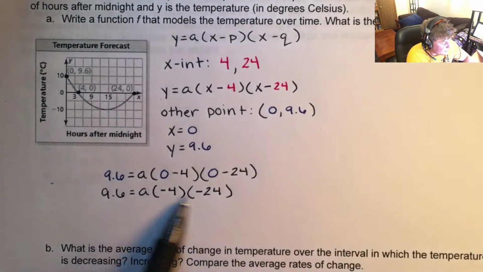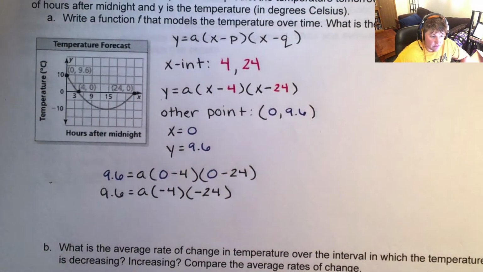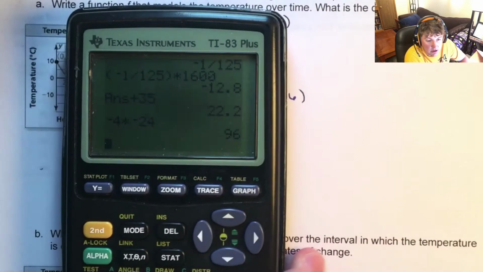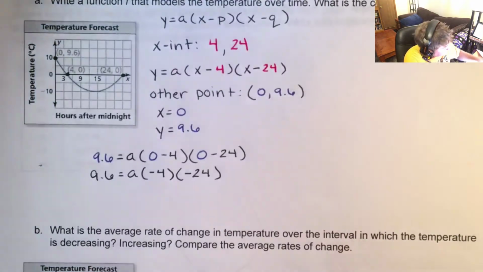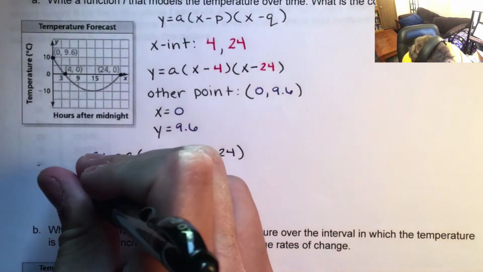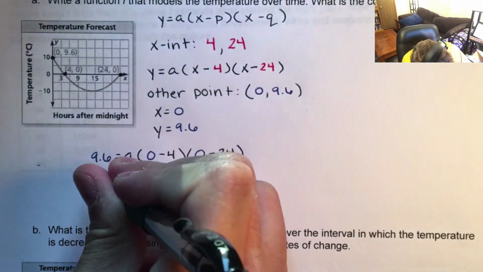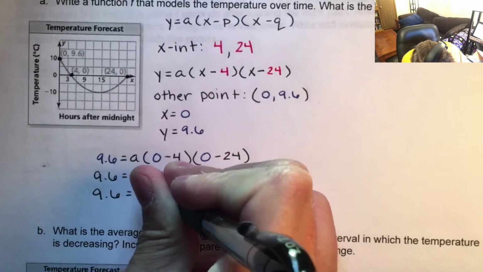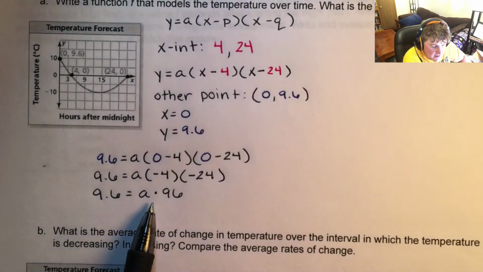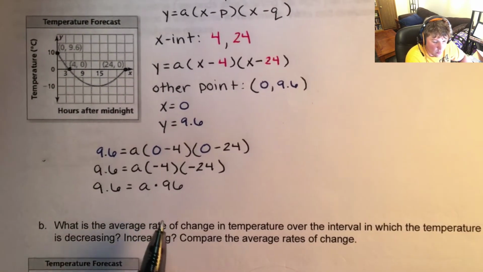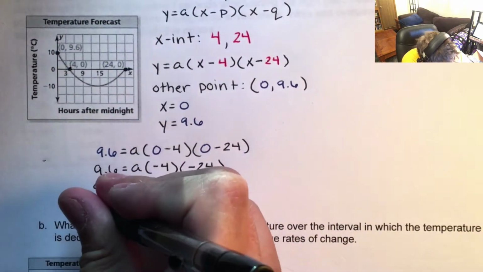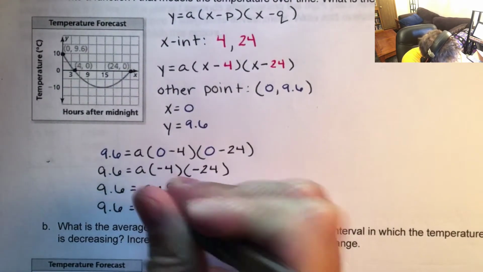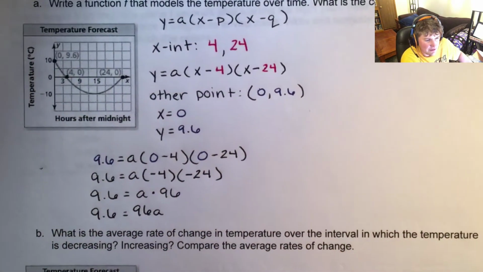I have this multiplication I can move together, so we're going to take negative 24 times negative 4 to get 96. So I have 9.6 is equal to A times 96. I wrote the A first by accident, so this looks weird, but normally you would write this as 9.6 is equal to 96A. That's just how you would see it written.